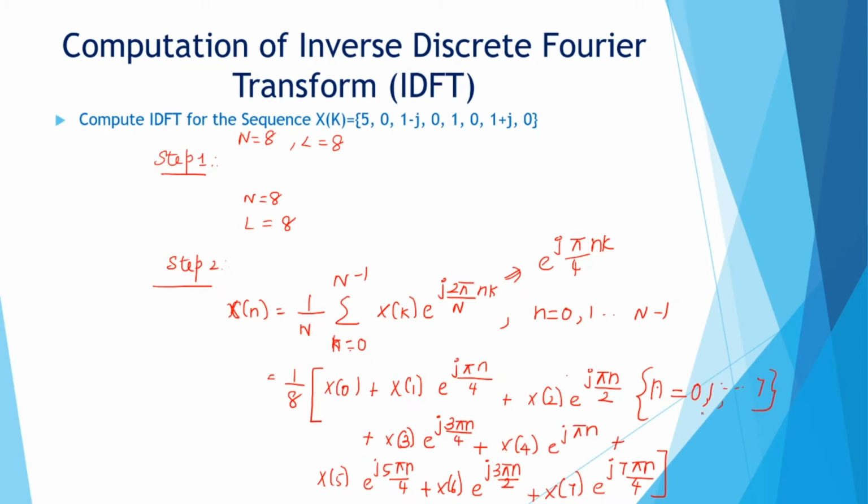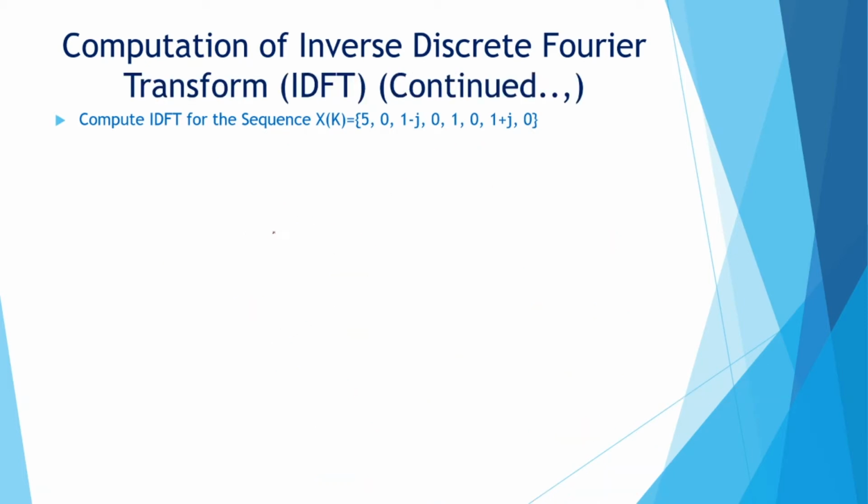Now what do I have to do? Before substituting for every value of n, I first have to expand the summation. Then you have to compute the values. You substitute your X of 0, X of 1 from the question. So what happens? The final equation x of n will be equal to 1 by 8, X of 0 is 5, plus X of 1 is 0, so you can neglect that term.